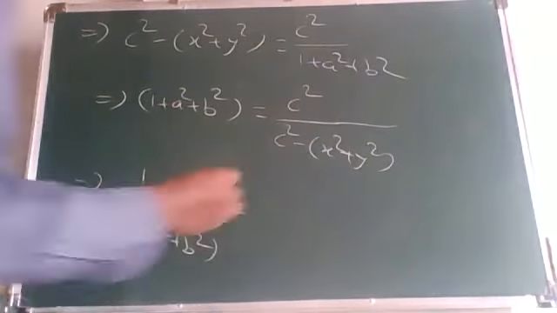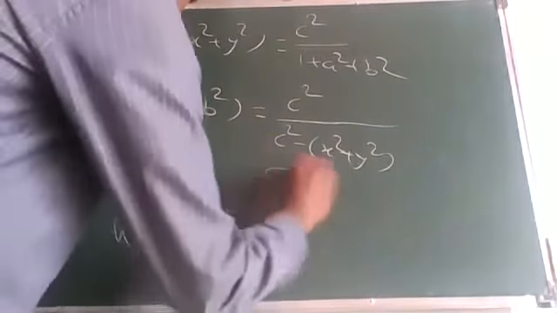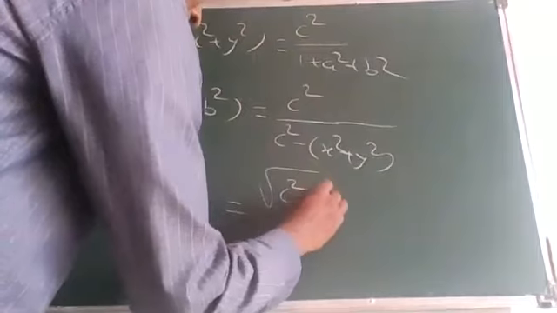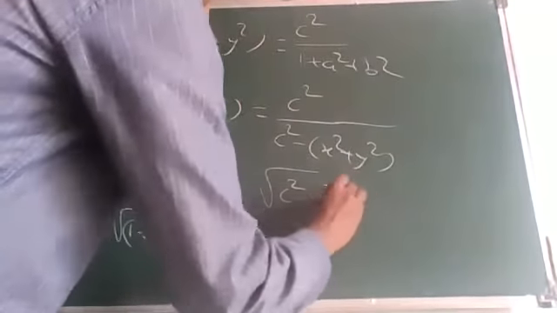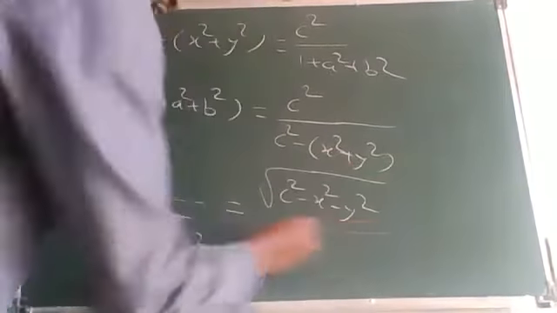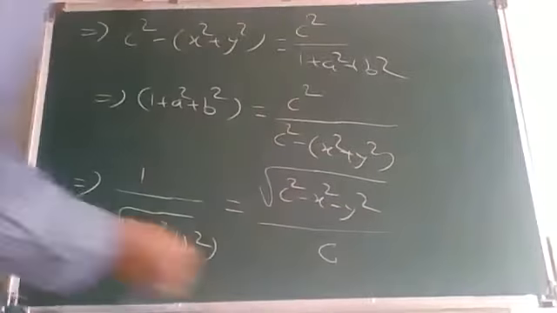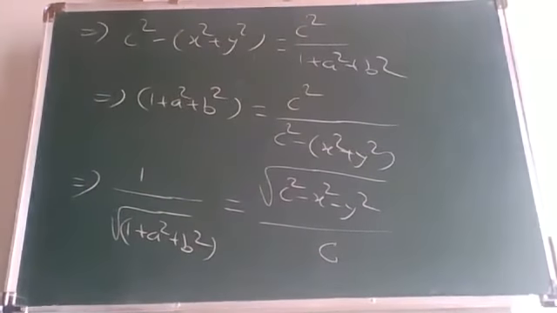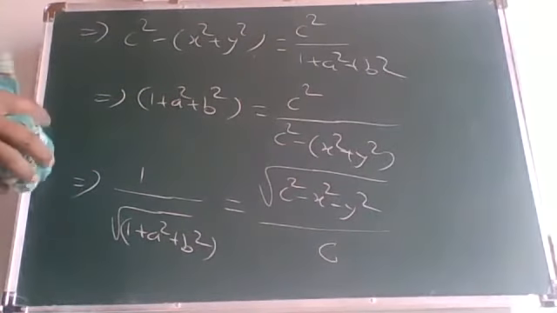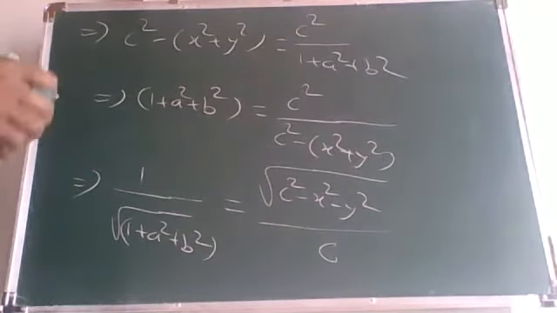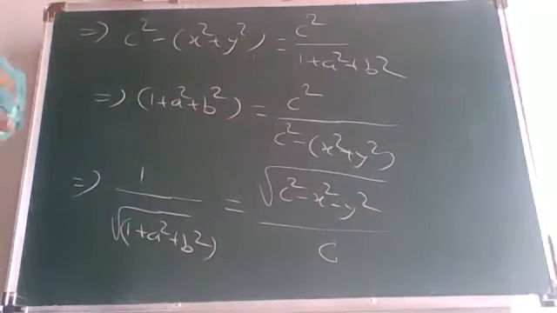Which is equal to square root of c square minus x square minus y square divided by capital C. See, our aim is to find the value of a and b and substitute in equation 2, we get the singular integral.